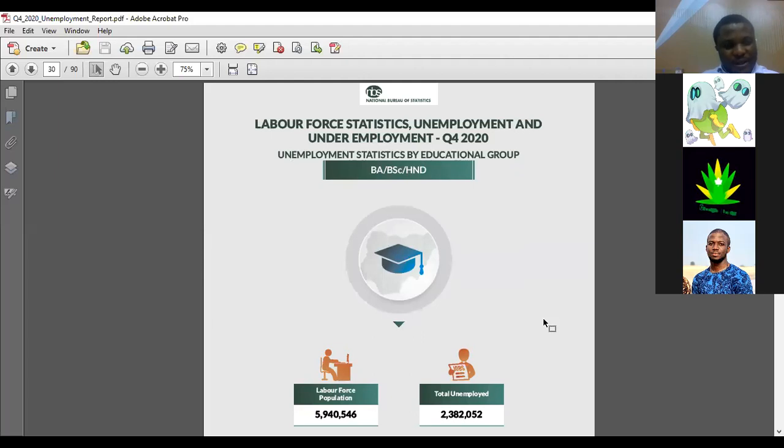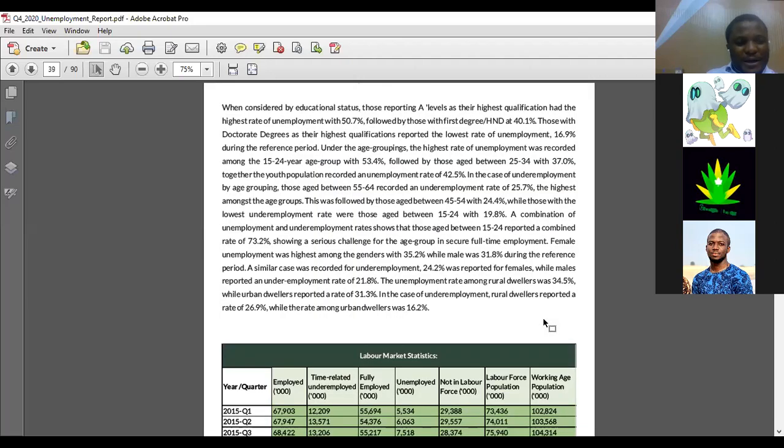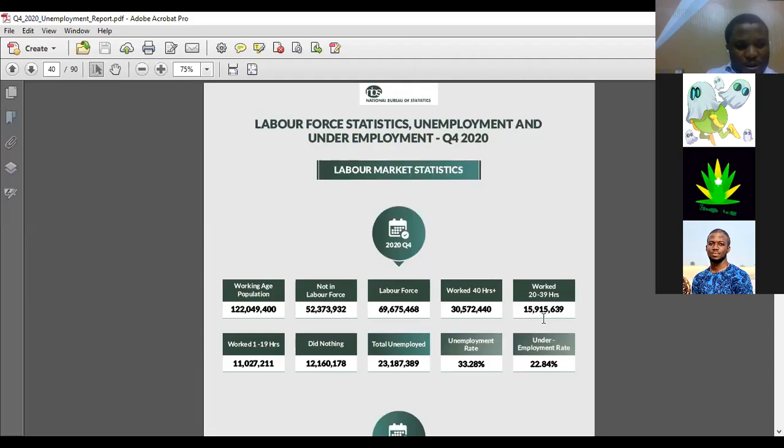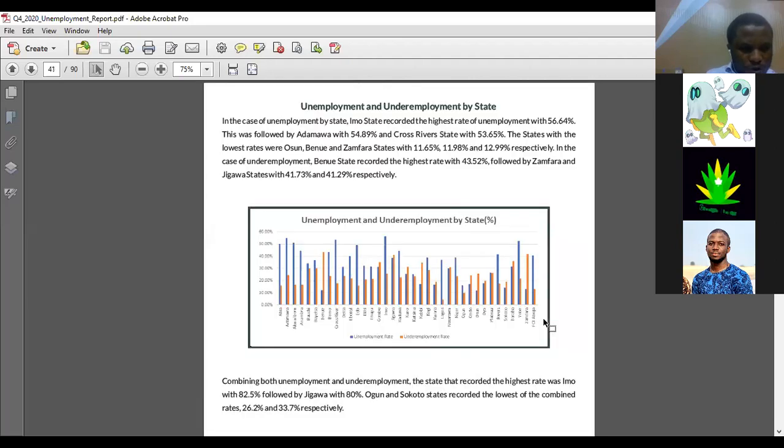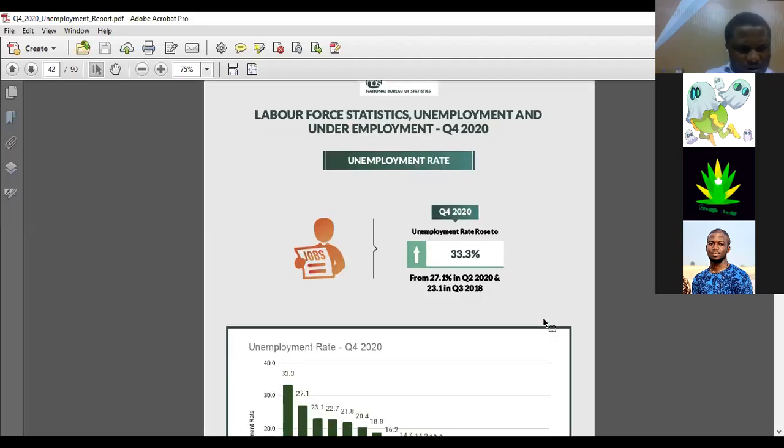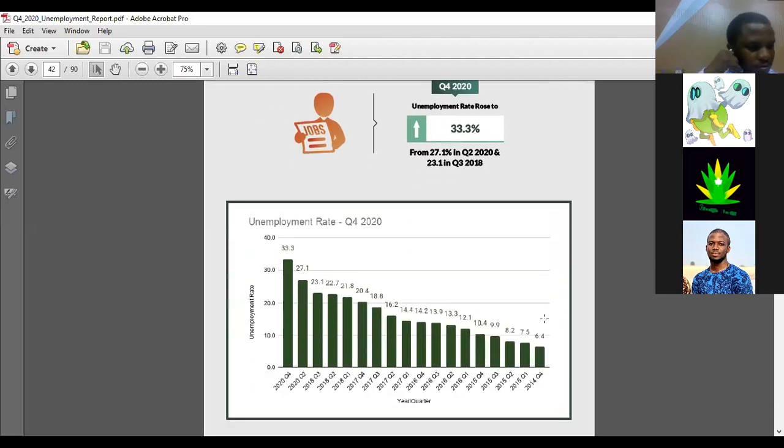Those that have their BSc, those in technical or vocational skills, or the professors, the masters, the doctorate, and others. Okay, so in terms of male and female, urban and rural, let me just, you can see the unemployment now.